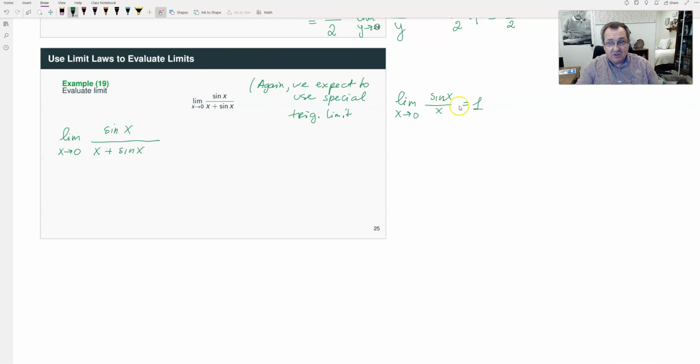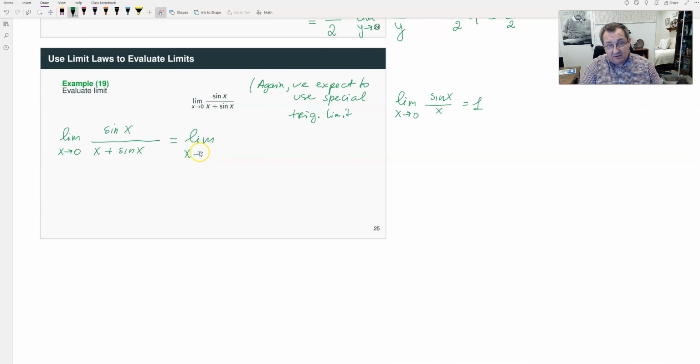Now, I don't see that limit right away in this expression. It looks similar, but not the same. So is it possible to convert the expression to a form where that limit is clearly popping out? And the answer is yes.